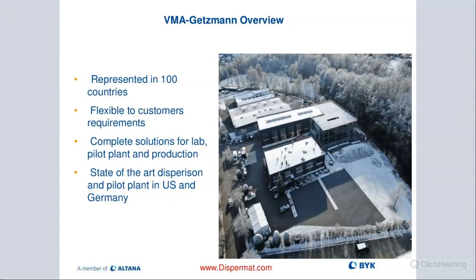So again, they are pretty global. They're available in most countries of the world, and 40% of all the machines that VMA builds are custom. So there are a lot of new end-use markets. Just think of batteries or fuel cells, just to name a few, or 3D printing.